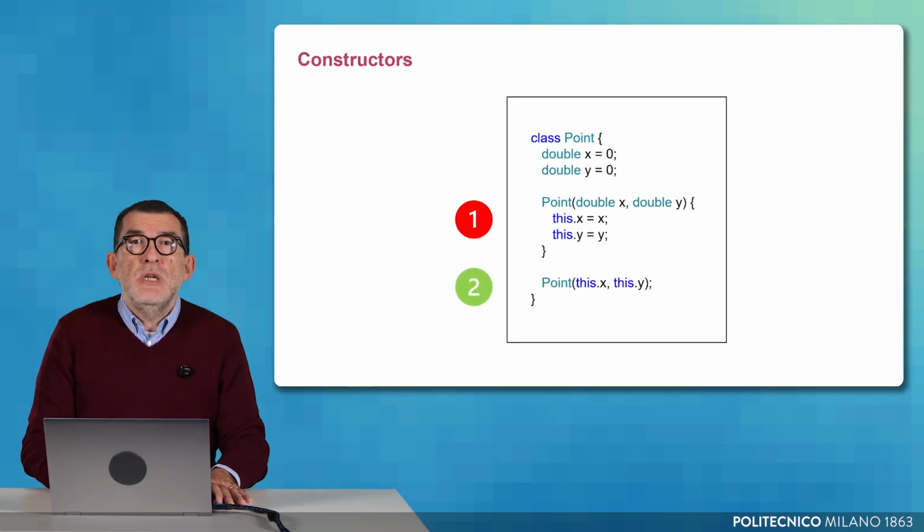Dart is an object-oriented language, so each class can define constructors. A constructor can either assign parameters to fields explicitly, option 1, or use Dart's shortened syntax, option 2. In the explicit version, each parameter is manually assigned to its corresponding field using the this keyword, which refers to the current object.